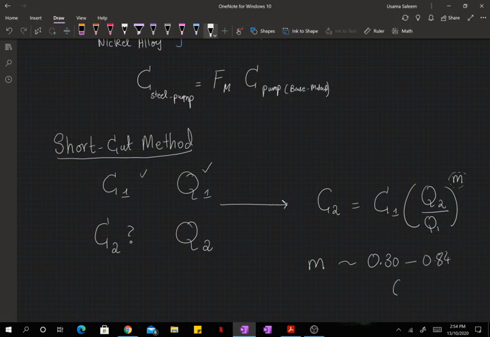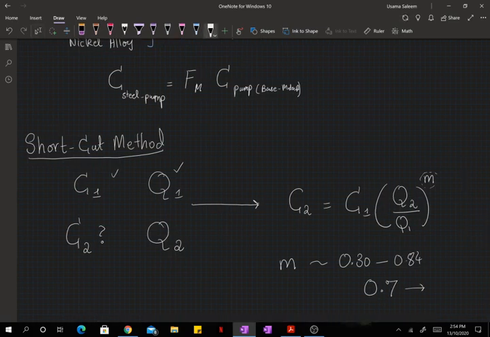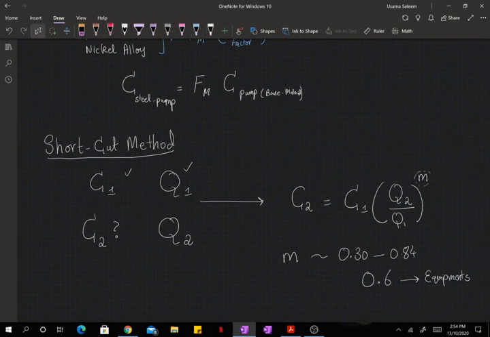Usually an average of 0.6 is used for equipment, and I believe 0.7 is used for plants, but we'll get to plants in the next video.